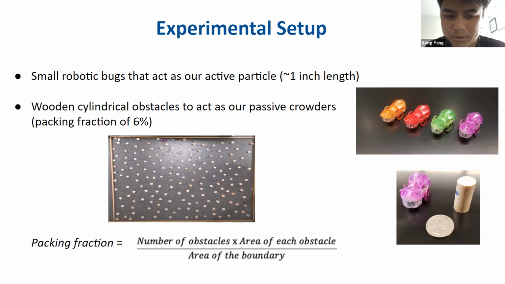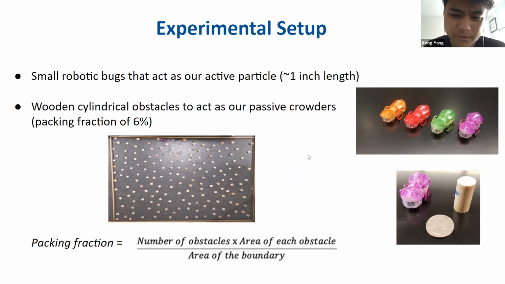Initially, we had a boundary and barrier that were rectangular geometry, but we found that that was one of the key issues that was causing the bug to get stuck very easily. So we changed the geometry of our barrier and our boundary to be more circular.